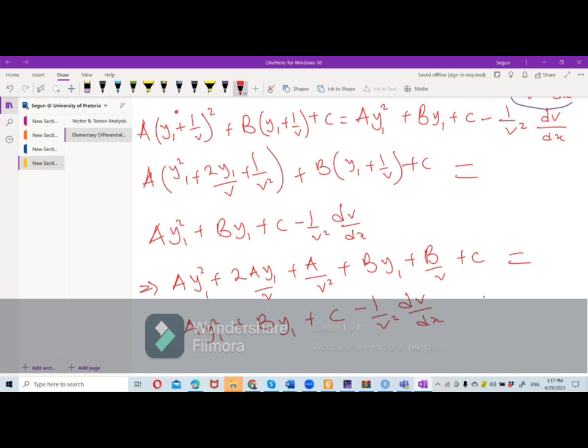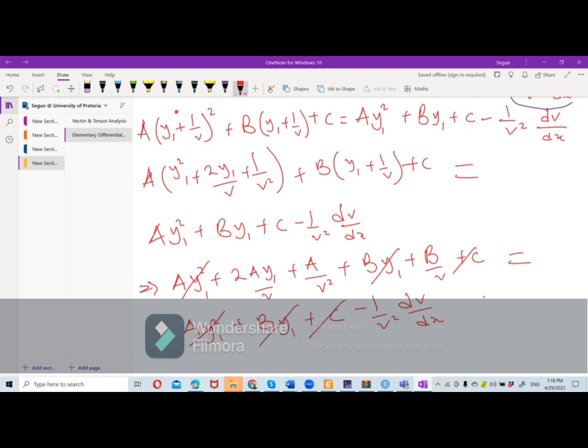So you agree with me that this cancels this? Do you agree? Yes, sir. This goes with this, and c goes with c, because if the other c moves to the other side, it turns negative.